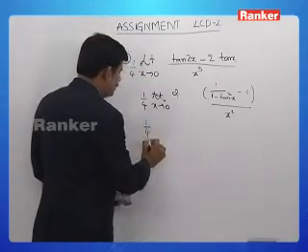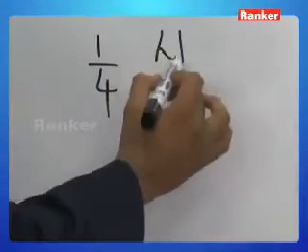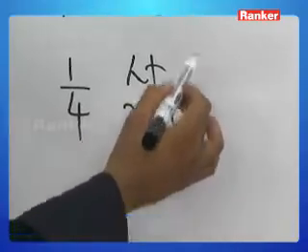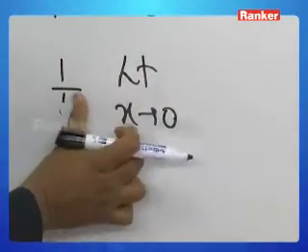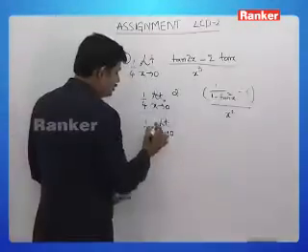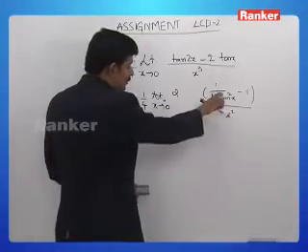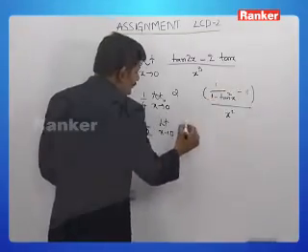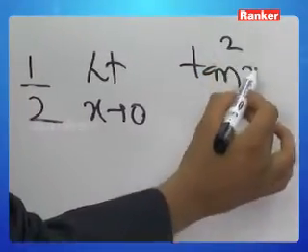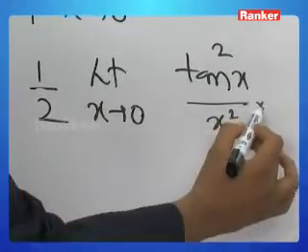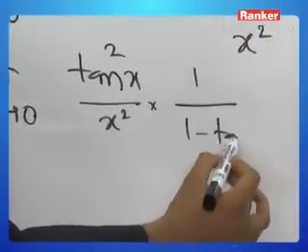We have the limit to be 1 by 4, limit x tending to 0, 2 we can take it out of the limit and 2 cancels with 1 by 4, makes it 1 by 2. 1 and 1 got cancelled, we have tan square x in the numerator divided by x square into 1 by 1 minus tan square x.